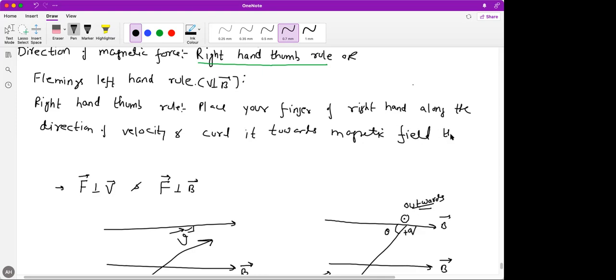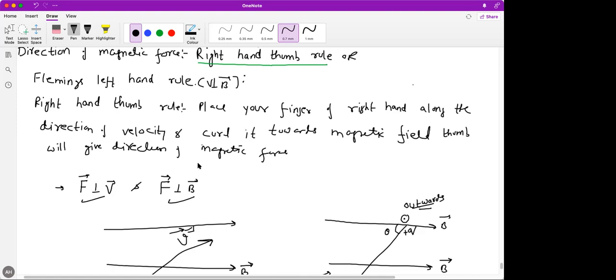Thumb will give direction of force. And this should always be perpendicular to velocity as well as magnetic field.